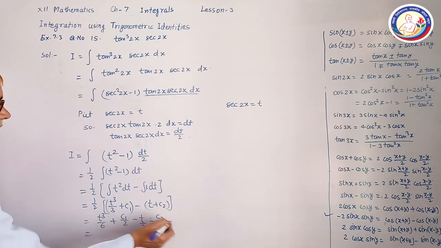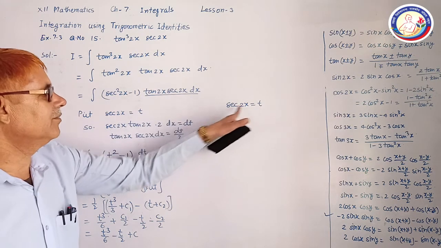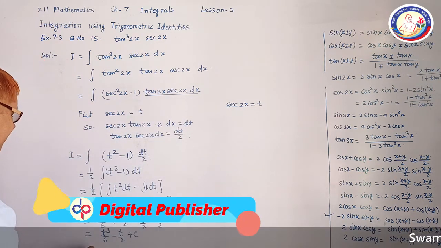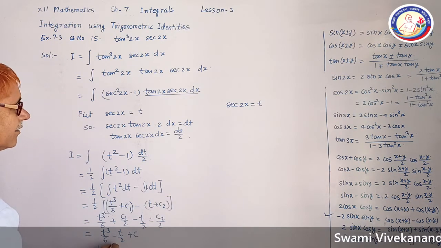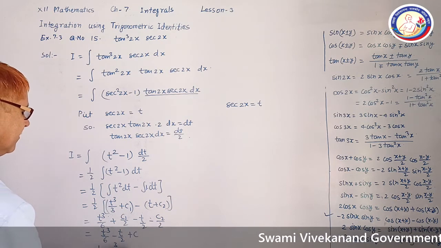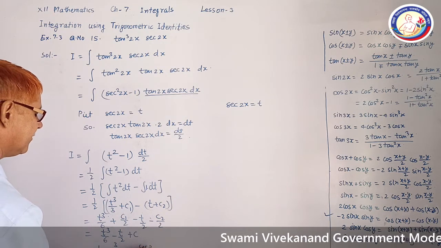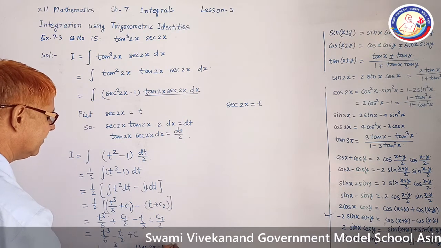If we write one constant of integration in place of these two, this will be t cube upon 6 minus t by 2 plus constant of integration. Put the value of t again from this relation, we will get 1 upon 6 sec cube 2x minus sec 2x upon 2 plus c. This is the answer.